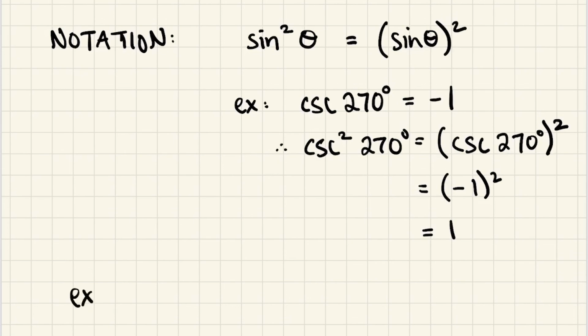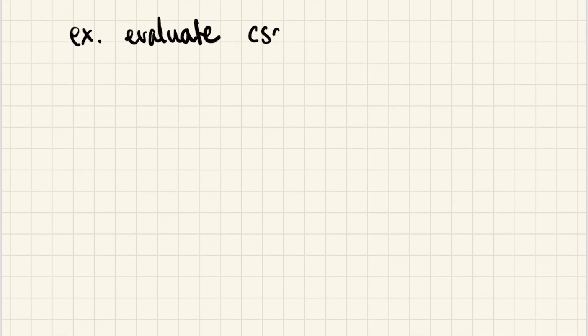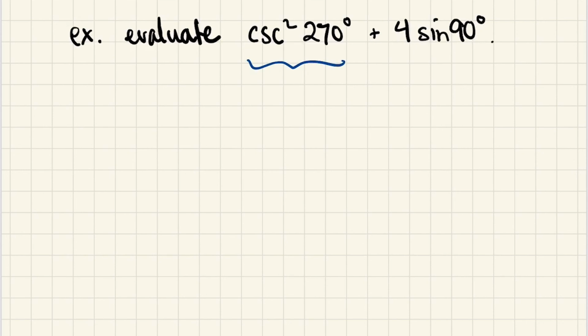So as our final example, let's evaluate cosecant squared of 270 degrees plus 4 times the sine of 90 degrees. All right, well, this one again is the square of cosecant of 270 degrees plus 4 times the sine of 90 degrees.